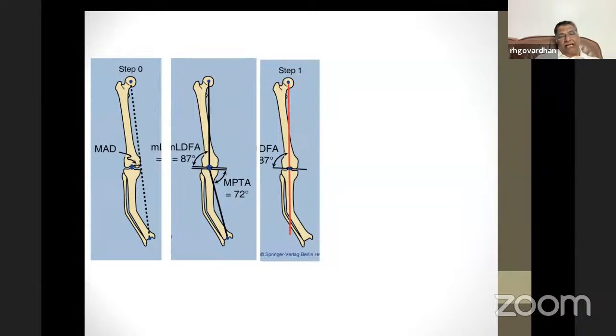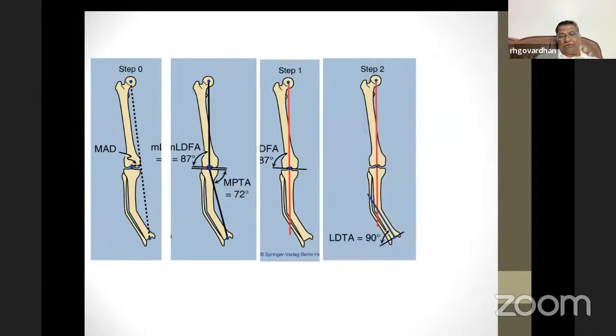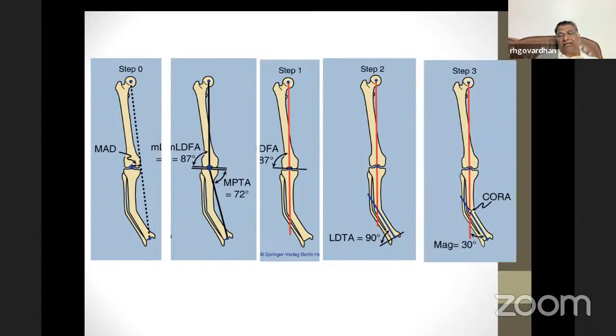So you draw the line along the proximal segment of the tibia, you can extend it. And from the distal portion of the ankle, you draw a 90-degree vertical to form the lateral distal tibial angle. They meet at the apex of the deformity, which is the center of rotation of the axis.